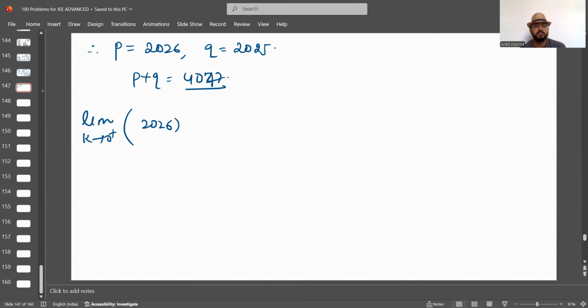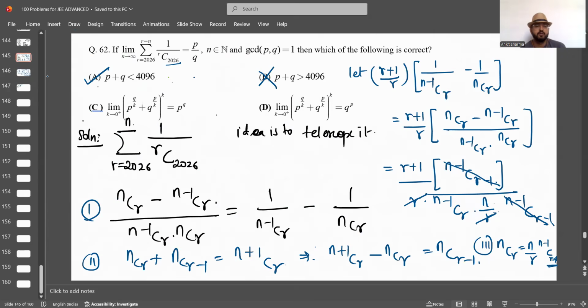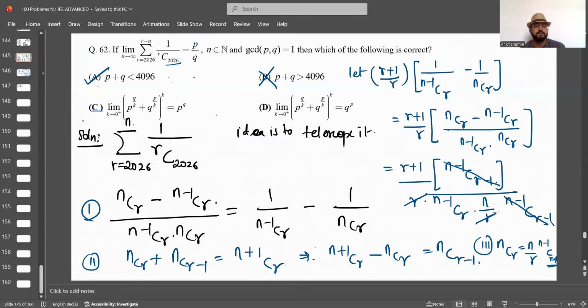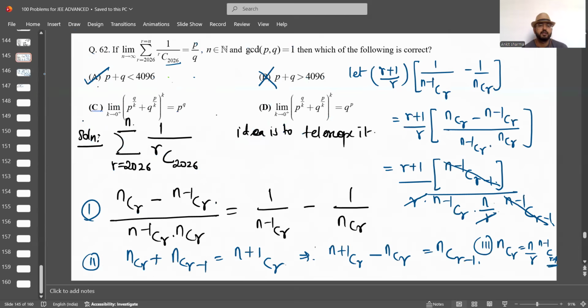So 2026 power 2025 over k, plus 2025 to the power 2026 over k, on this whole power k.